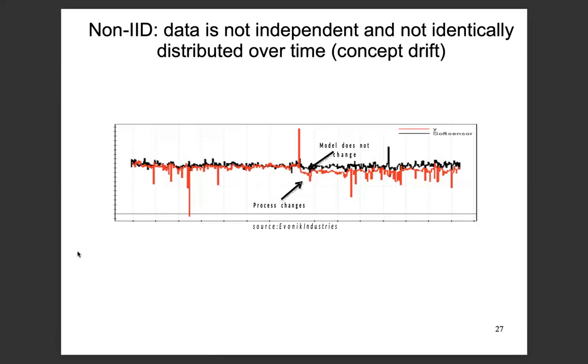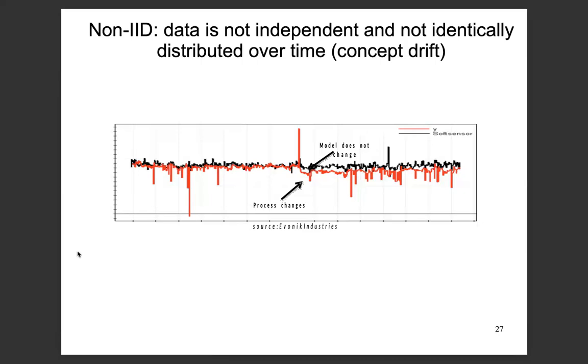There's another challenge of non-IID, the second I, meaning that the data is non-identically distributed. So part of the data is from one distribution, and then something changes, and then the distribution becomes different.